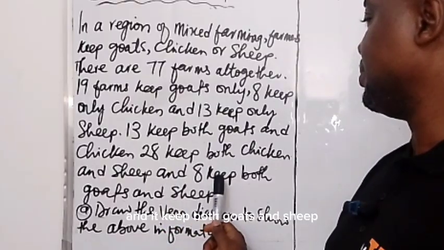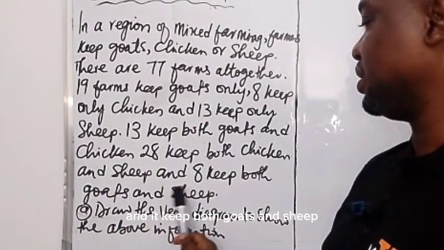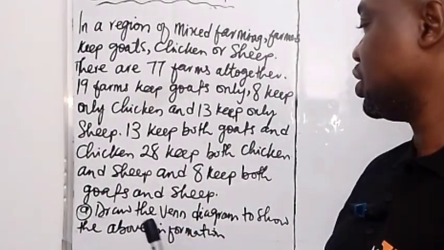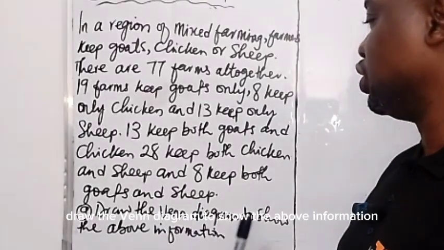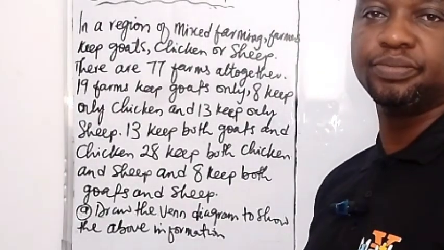And 8 keep both goats and sheep. Draw the Venn diagram to show the above information.